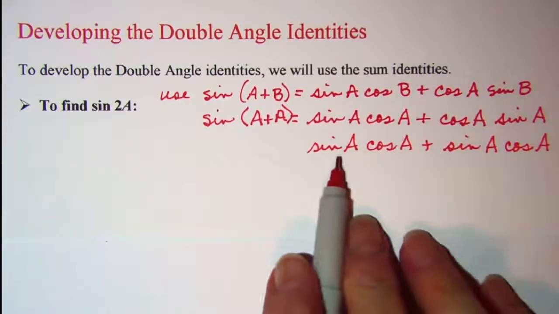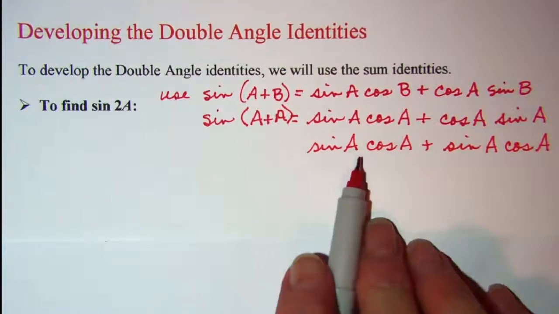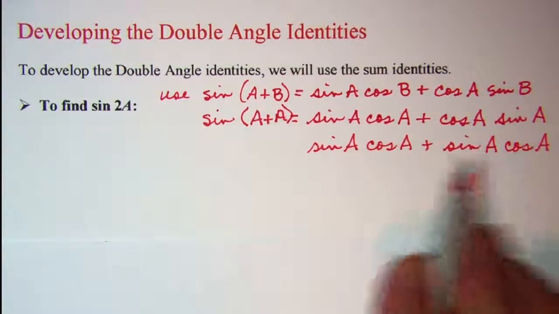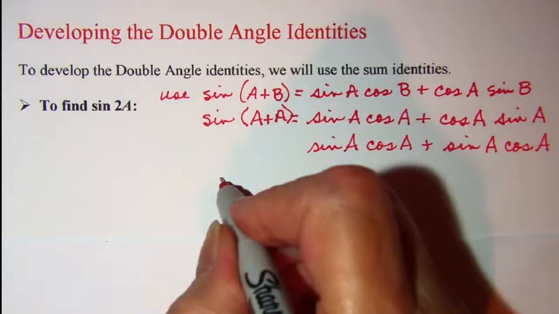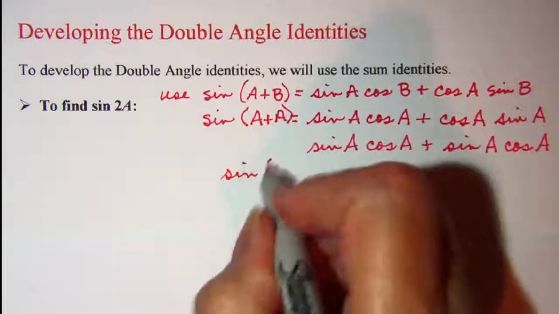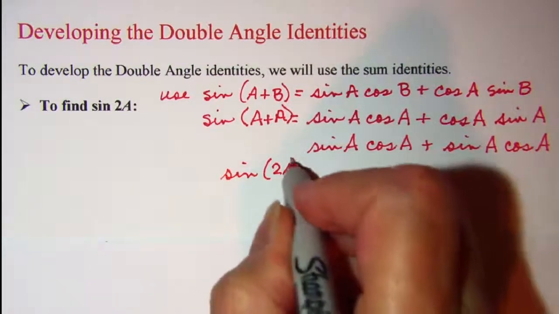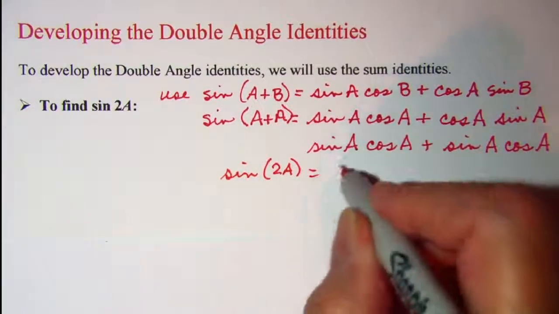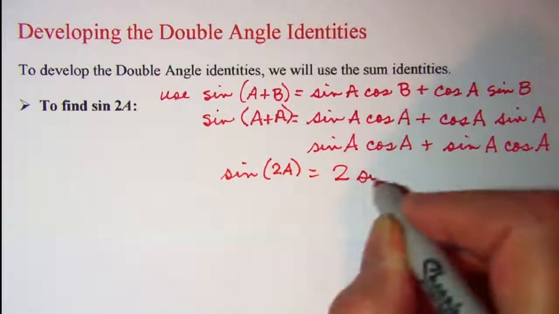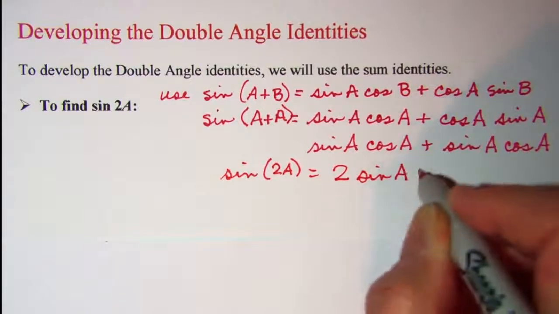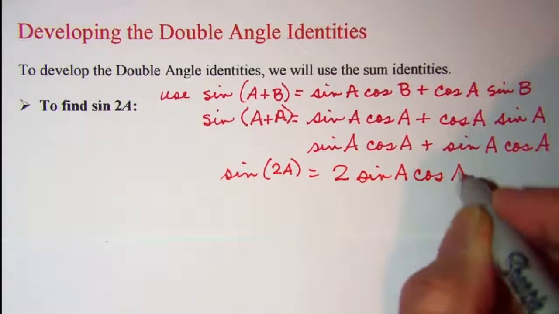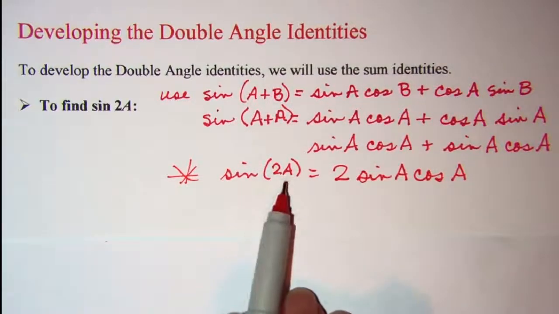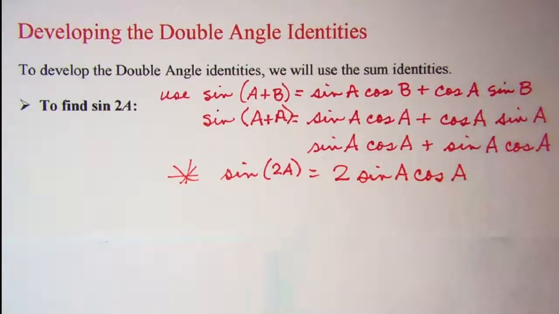So if I have one sine a cosine a here, and one sine a cosine a here, and I'm adding those together, then my sine of 2a, which is what I want, will be 2 sine a cosine a. So this is my double angle identity for sine.